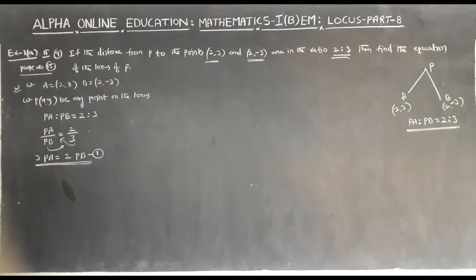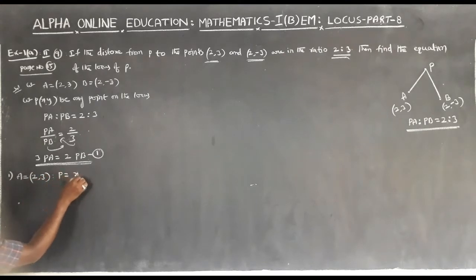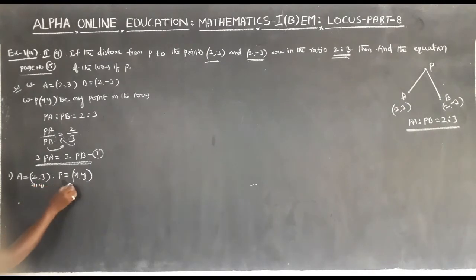Here first of all we find the values of PA and PB. First one is PA. A point (2, 3), P point (x, y). Let A point (x1, y1), P point (x2, y2).